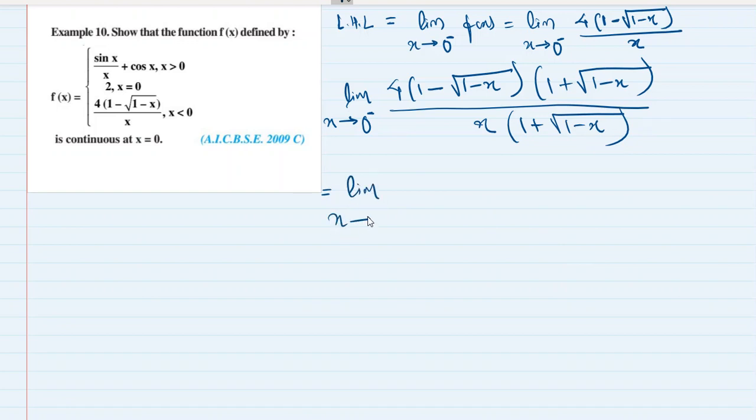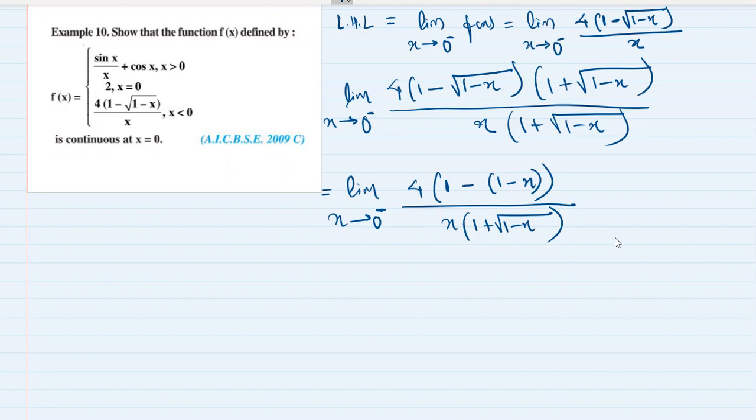So limit x tends to 0 minus of, now this will become 1 square minus under root of 1 minus x the whole square. That is 1 minus 1 minus x. So 4 bracket 1 minus 1 minus x the whole upon x bracket 1 plus under root of 1 minus x. Okay, let's simplify this further.